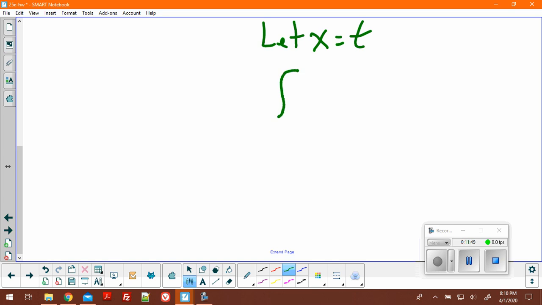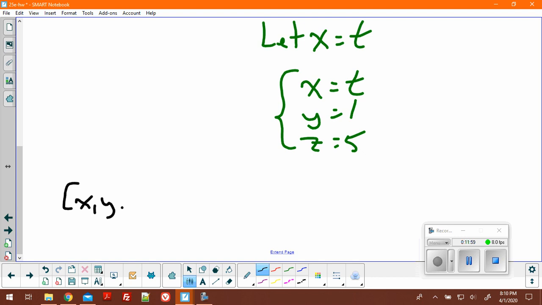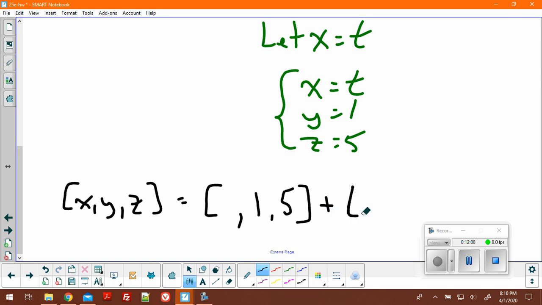So the equation of my line is going to be x equals t, y equals 1, and z equals 5. So my vector equation x, y, z equals, again, this is always a little weird, 0, 1, 5 plus t times my direction vector, which is just 1, 0, 0.